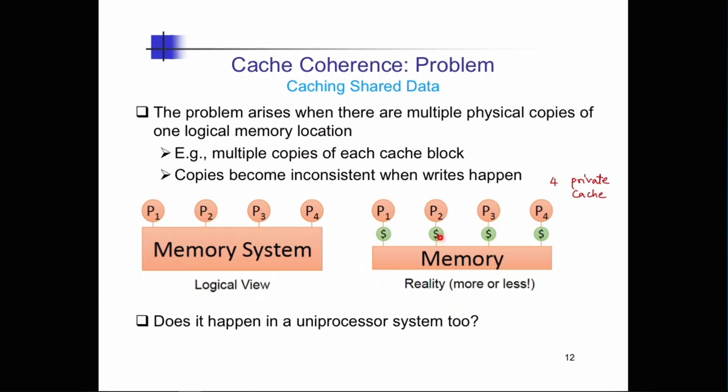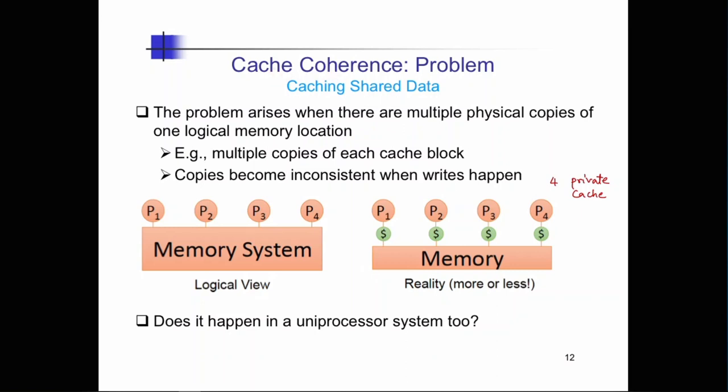In the meantime, if processor 2 also tries to read the same location, it's not there in the private cache of processor 2, so we bring that over here. But if we make any changes in the private caches of each of these processors, that would result in inconsistent data, inconsistent content for that particular memory location. So that's what the problem of cache coherence is.